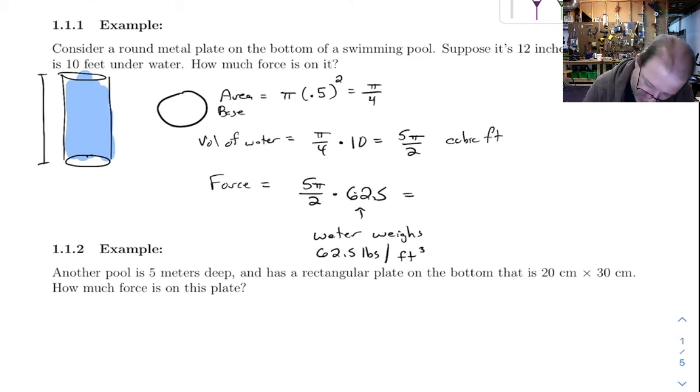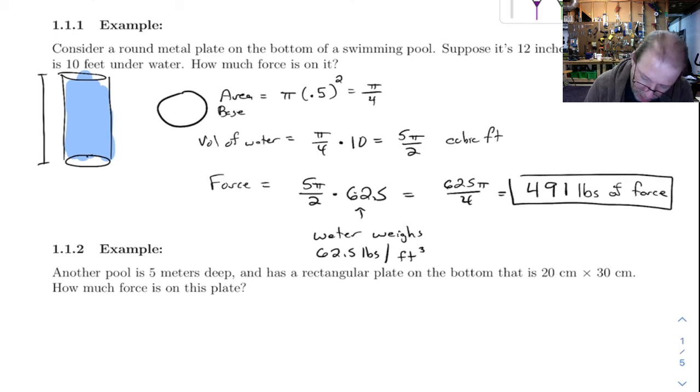This gives me 625 pi over 4. Well, that is a number, but let's get it as a decimal approximation. I'm going to round to the nearest whole number. 491 pounds of force. All right, so 491 pounds of force on that plate.